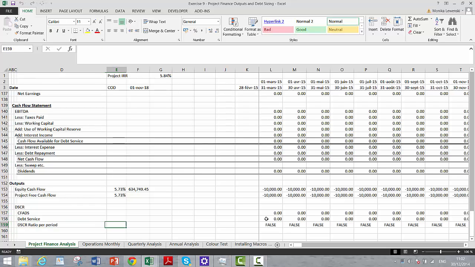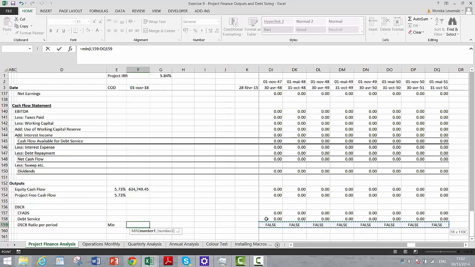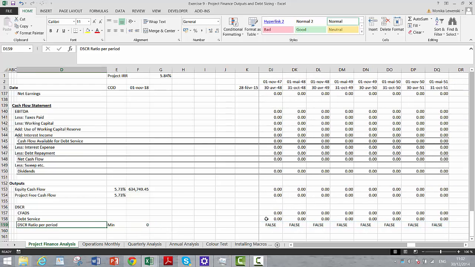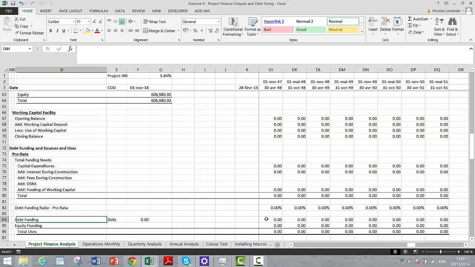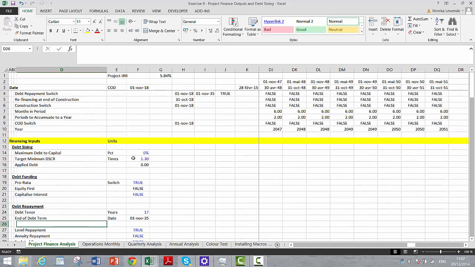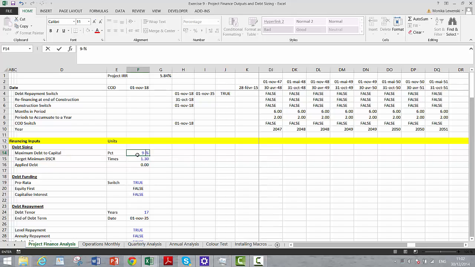It's not zero in terms of the minimum. You take the minimum. I wonder what will happen here. They're all false. Well, this one gives us zero. If we put a little bit of debt in here, oh, it's a lot.